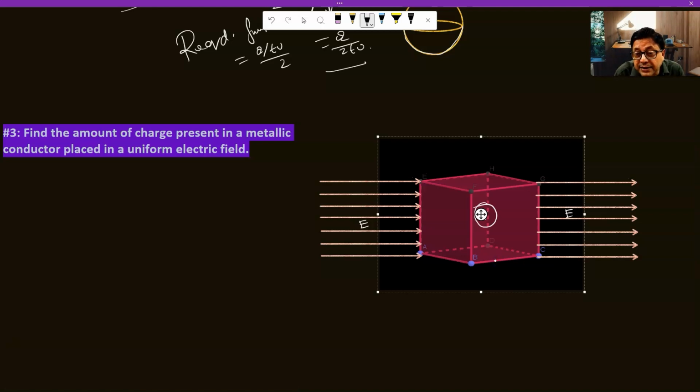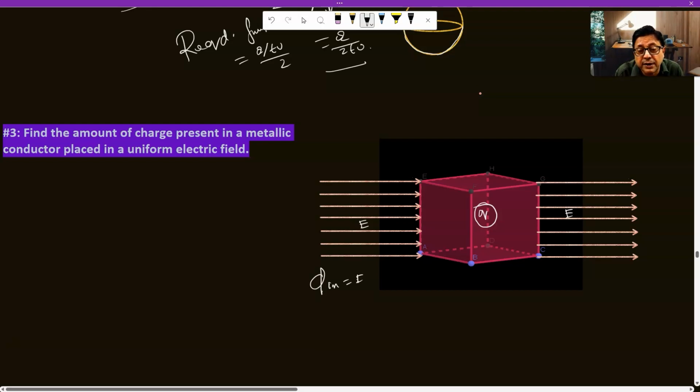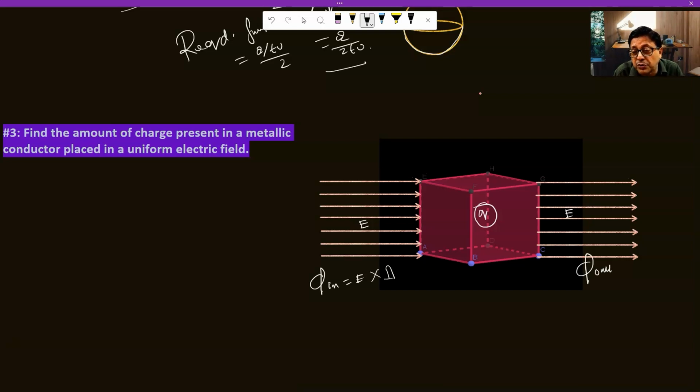Phi entering, this I have been discussing in the last few sessions. Phi in is equal to E into this surface area, E into A. Phi out is also E into A. So the resultant is the total flux coming out.